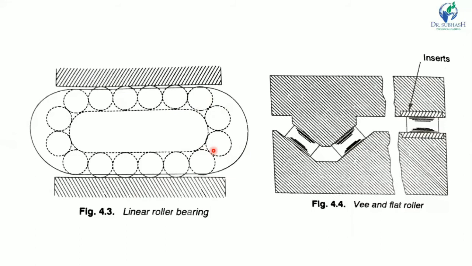It consists of a hardened and precision ground supporting element and a number of cylindrical rollers. As in the case of a roller bearing, the rollers are guided between shoulders of the supporting element with very close tolerances, which prevents the rollers from falling out and sliding against each other.